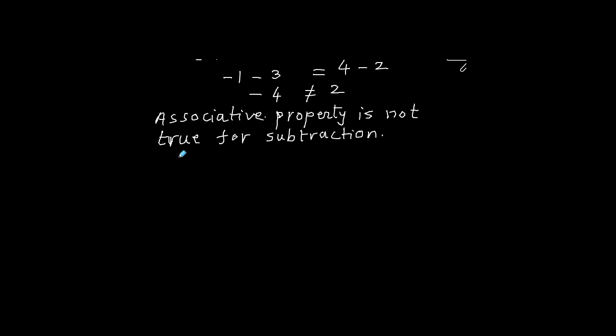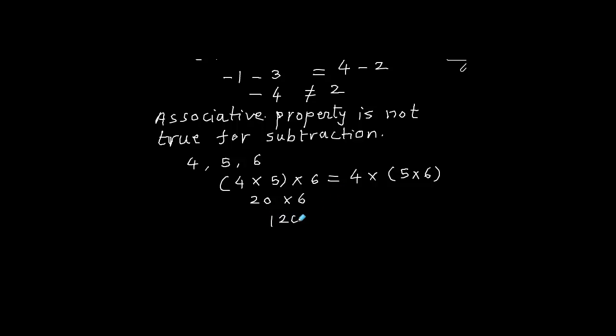Now, if I'll take three numbers 4, 5, 6. So 4 times 5 times 6. And if I'll write it like this, so 4 times 5 is 20. 20 times 6 is 120.